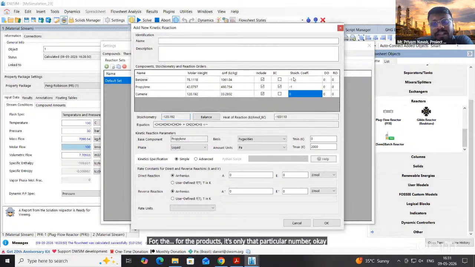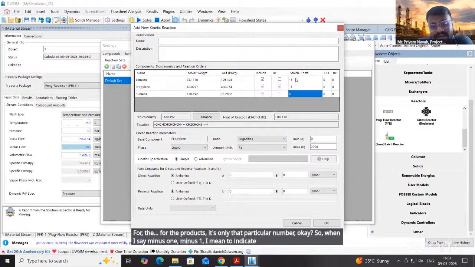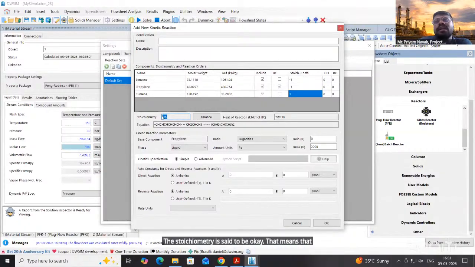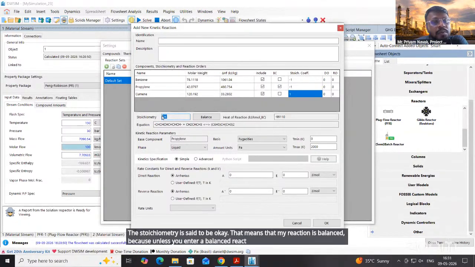So when I say -1, I indicate that they are my reactants, and if I say cumene +1, it means it is my product. Once I've entered the correct balanced coefficients, the stoichiometry is said to be okay, meaning my reaction is balanced, because unless you enter a balanced reaction, it will not allow you to move forward.